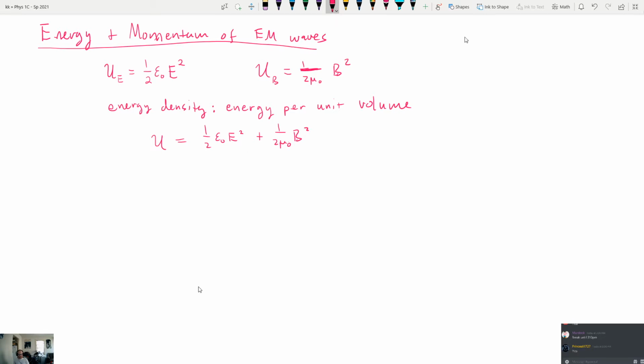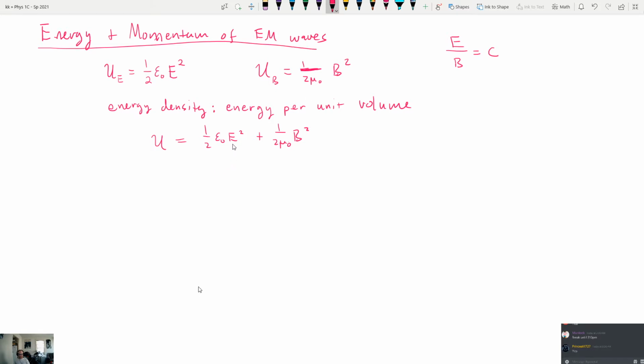And we've also learned just now that if you take the ratio of the electric field to the magnetic field, this is equal to the speed of light. I said before that it was just the maximum values of these, but it's also true that for a wave that's in phase, the ratio of these will always be equal to the speed of light, basically for waves in free space.